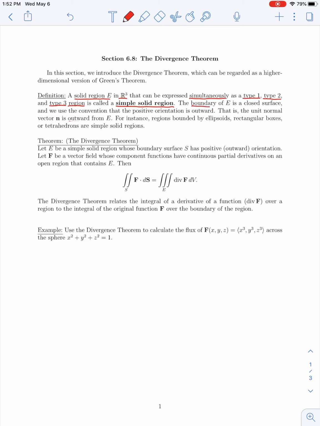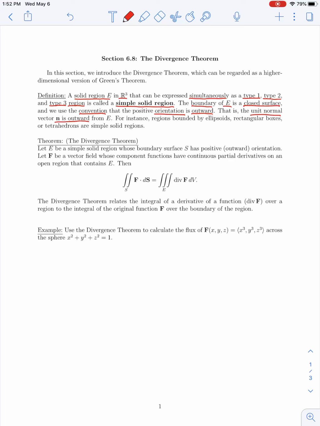Now, the boundary of a simple solid region E is some closed surface, and we're going to make use of the convention that the positive orientation over this surface is the outward orientation. That is the orientation for which our unit normal vector n is pointing outward from the solid region E.